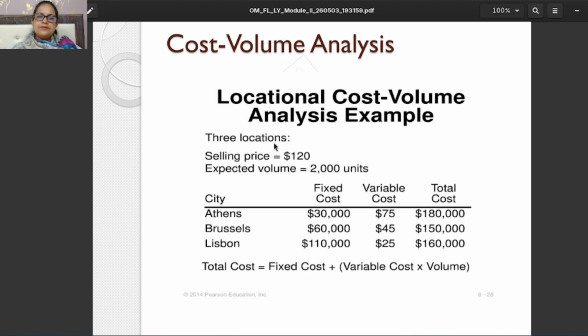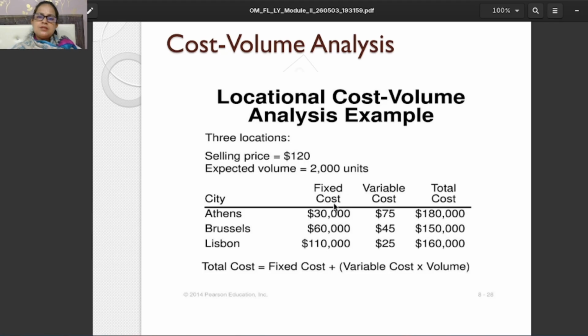Three locations are given. The expected volume that we are going to produce is 2000 units. Three locations are provided here: one is Athens, one is Brussels, one is Lisbon.